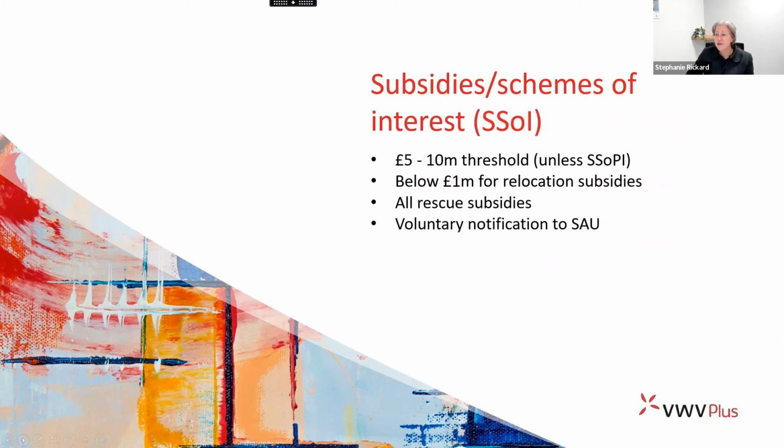But if you have a relocation subsidy, whereby the subsidy is dependent upon an activity relocating to a different part of the UK, that will trigger at a much lower threshold of 1 million. And all rescue subsidies are caught as well.